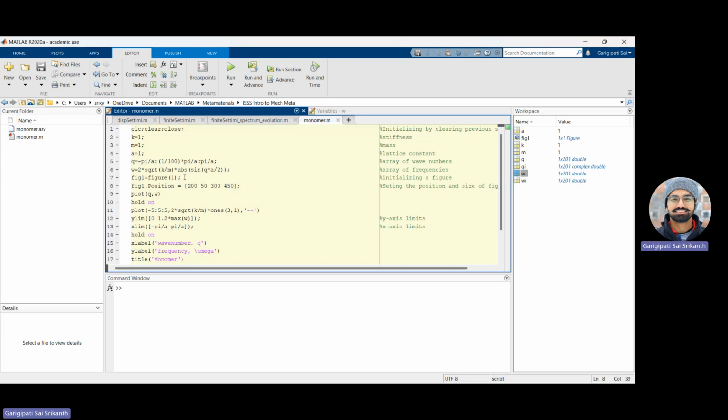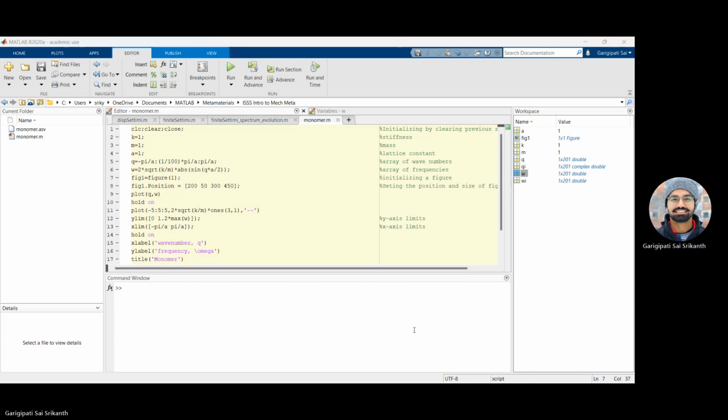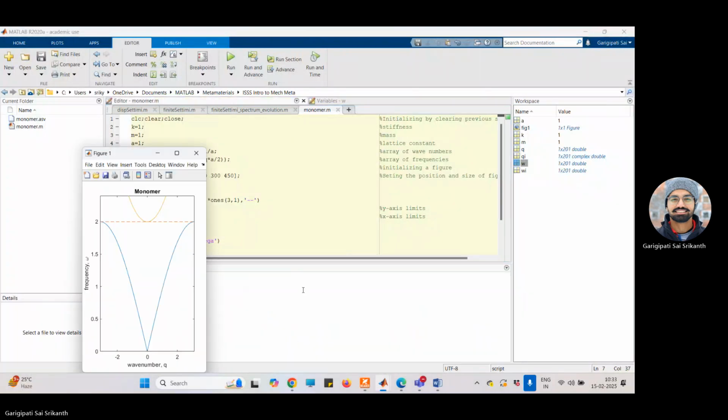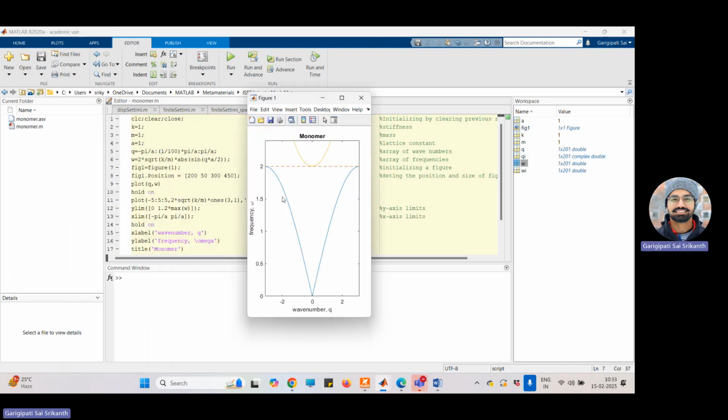So let's play around with it. What happens when we make this 200? First, let's just plot it. Okay, it's plotted, but let me just share. Right. So this is where we had stopped last time.